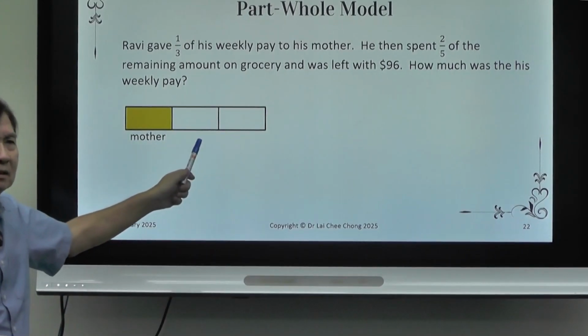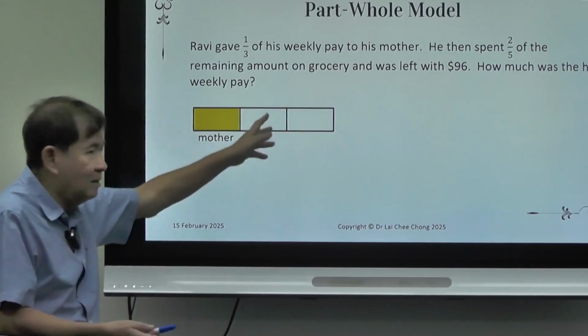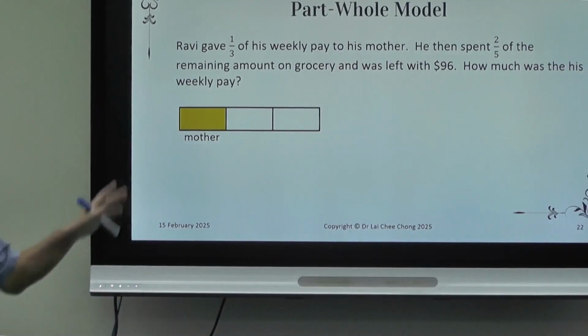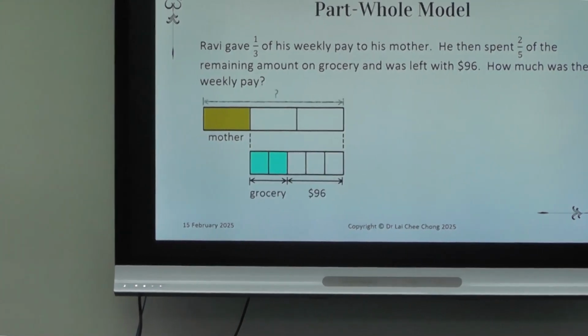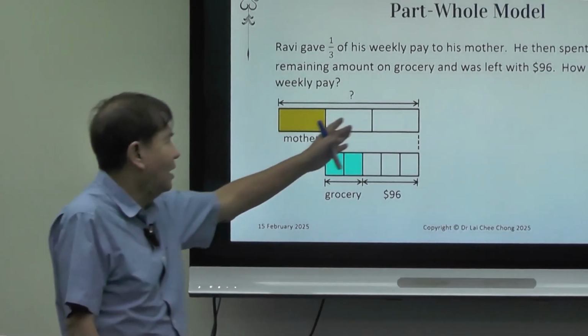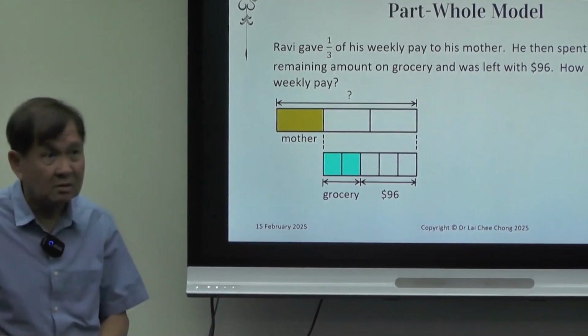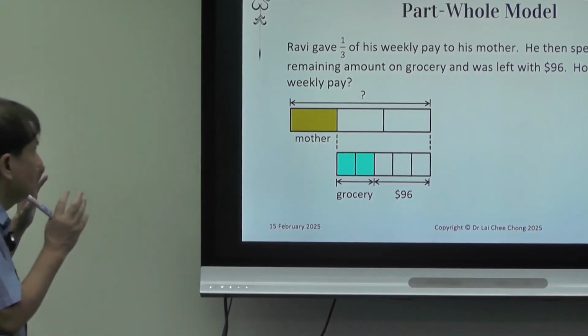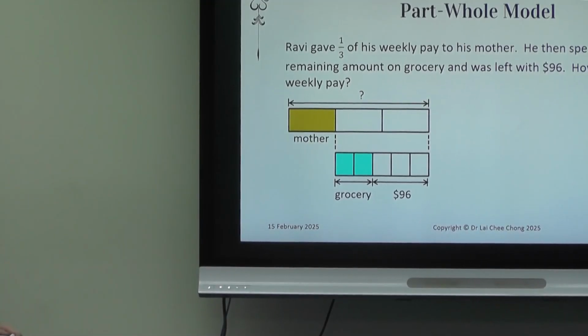Wait, how do you divide into 5 parts? It's hard, right? So usually to make life easy for the students there, I do what I call the drop-down bar. I can't cut this one here, but I drop it down, the whole bar, I cut into 5 parts. That's all easier to see. You see, the whole idea is to make the visual part easier to understand.